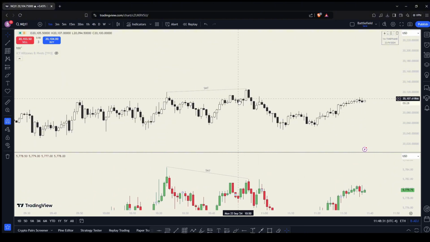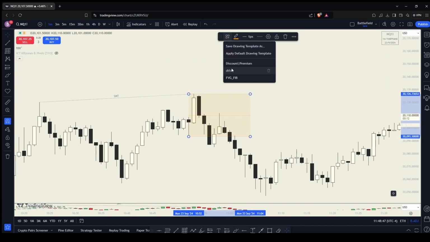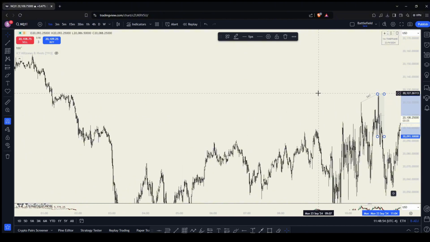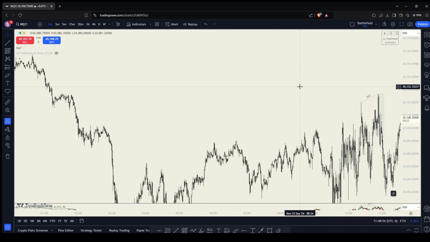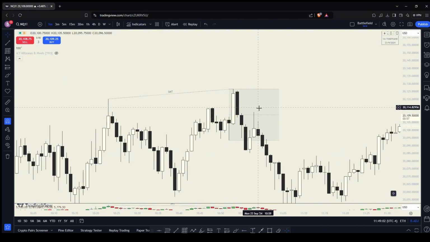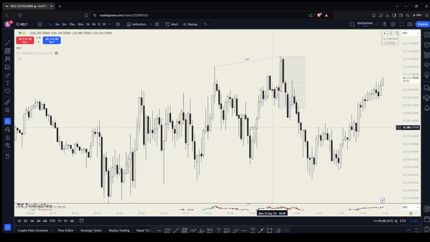And how could you use this SMT to find a short entry here? For example, you have identified this flip zone, and we also swept buy side multiple times, and we have this zone here. Once we created a flip, you might wanna short it, but for some reason you may not be sure in your trade.